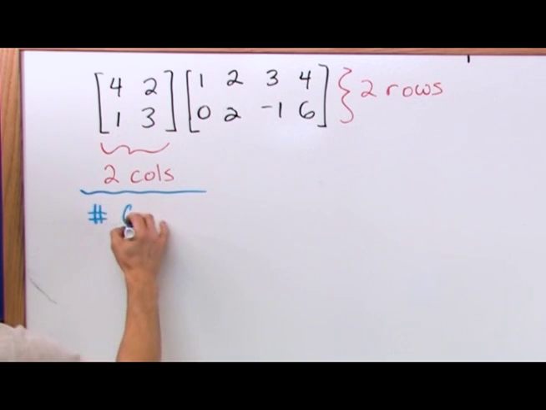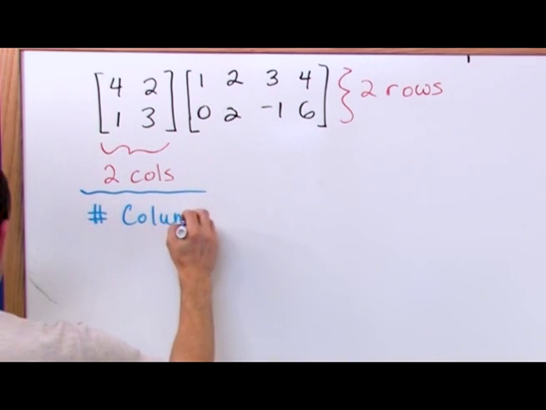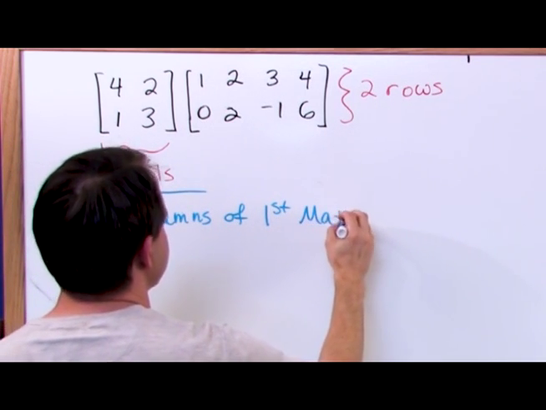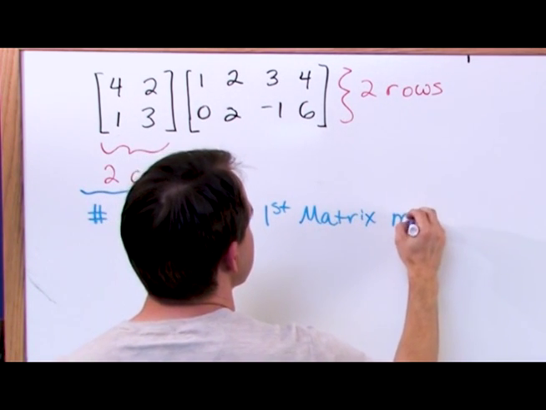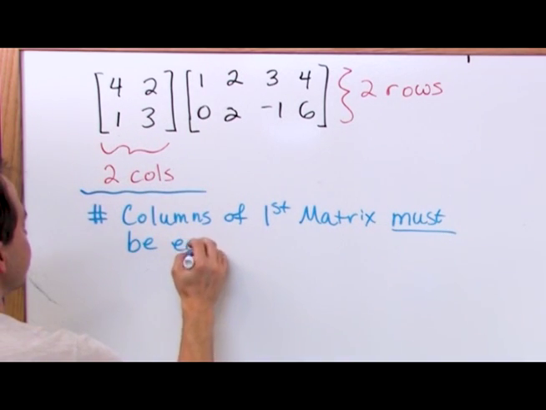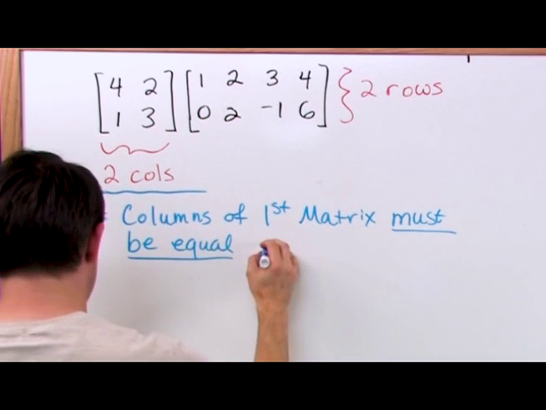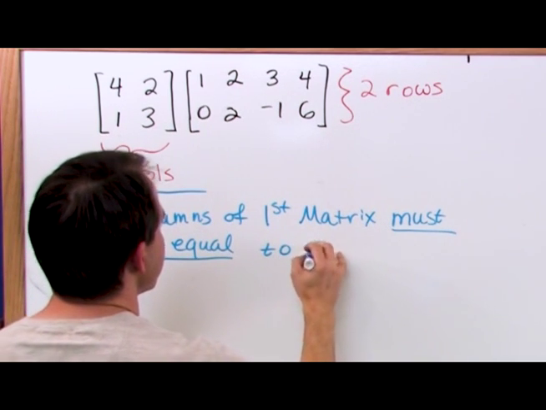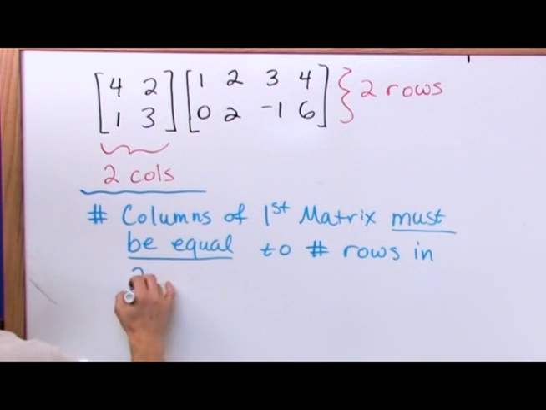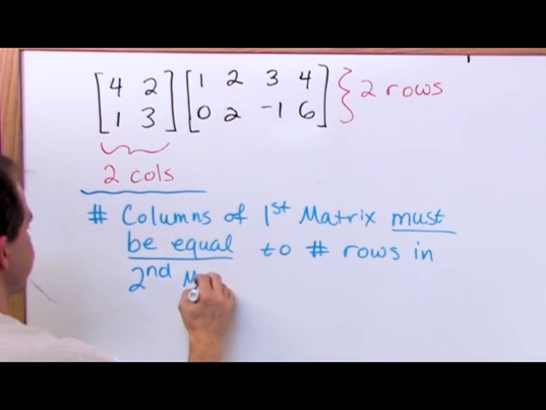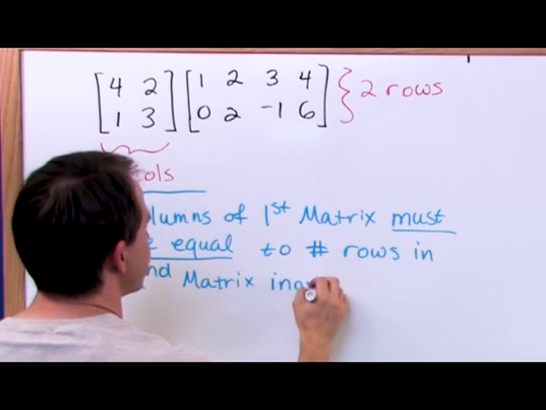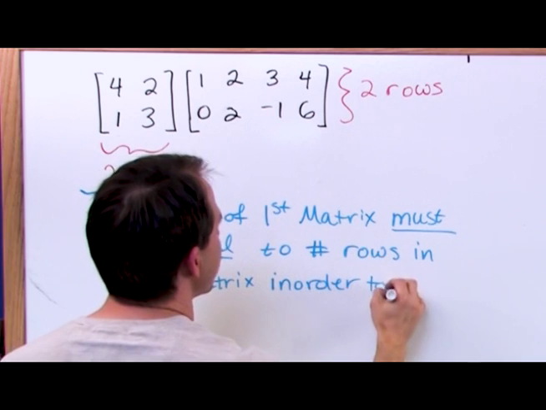The number of columns of the first matrix must, and I'm going to underline it, be equal to the number of rows in the second matrix in order to multiply.